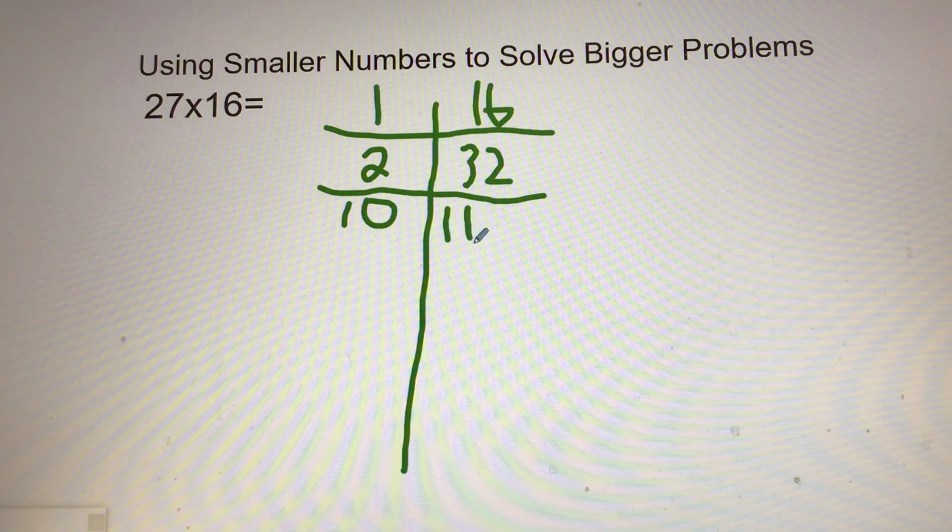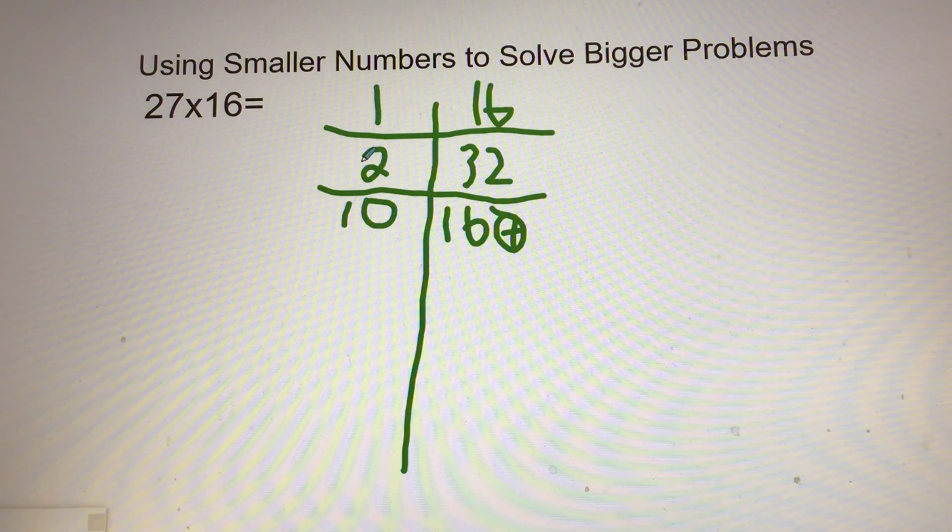And remember, our goal is to make combinations of jumps that can get us to 27. Oh, I'm sorry, 10 times 16 is 160, not 167. Okay. All right, so I did 10 times 16 to get 160.